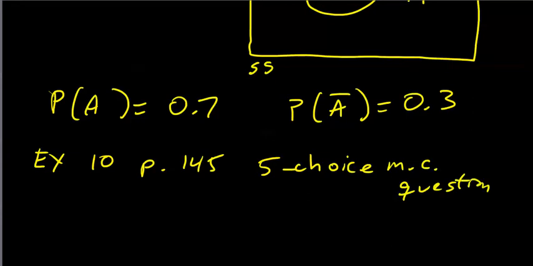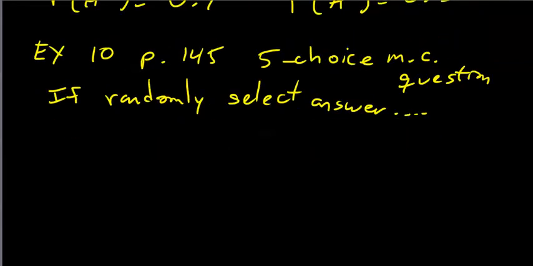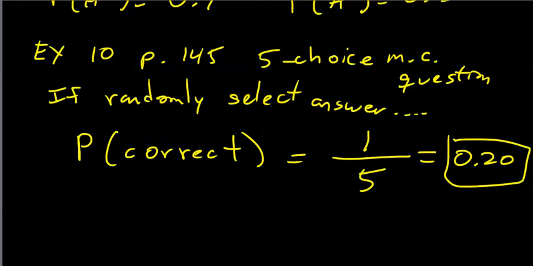And if I ask you to randomly select an answer, and let's say you know nothing about the question and you're just making a wild guess, the probability that that answer is correct, well, clearly you know what that's going to be. You've got 5 possibilities to choose from. Only one of them is correct, so the probability of being correct is 1/5 or 0.2, right?